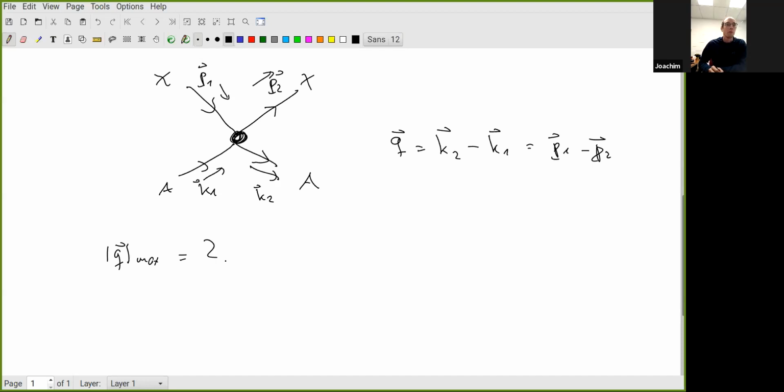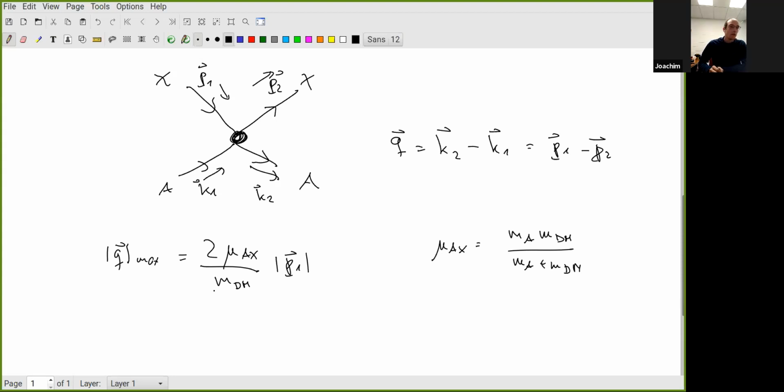The maximum momentum transfer, which is when the dark matter hits the nucleus head on, is given by 2 times the reduced mass of the system divided by m dark matter, times the initial momentum. Here mu_A chi is the reduced mass, that's m_A times m dark matter divided by m_A plus m dark matter.